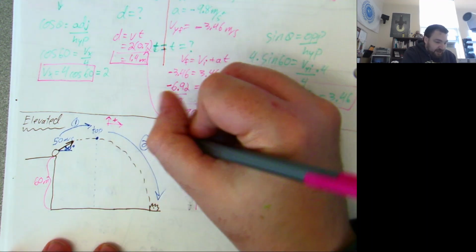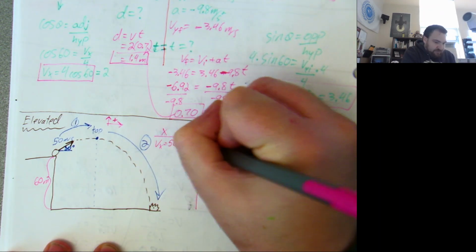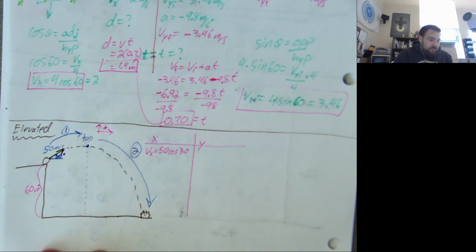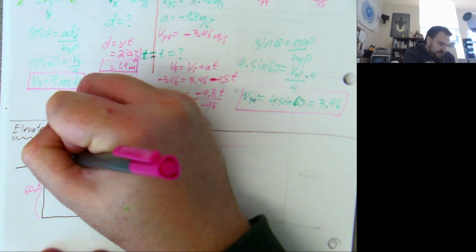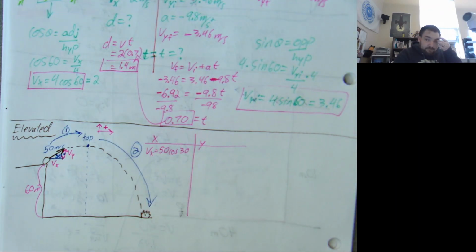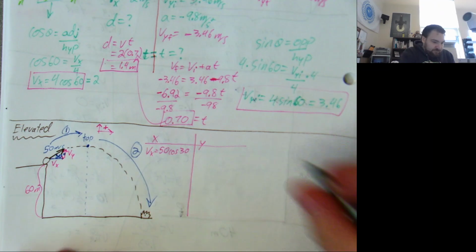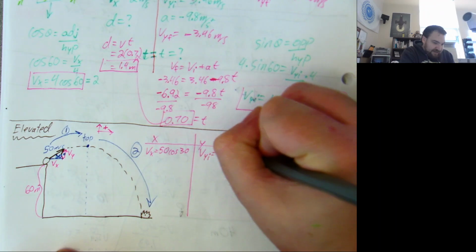So this is just going to be 50 cos 30, because Vx is the adjacent side. Vy is this side here. Vyi is going to be 50 sine 30.